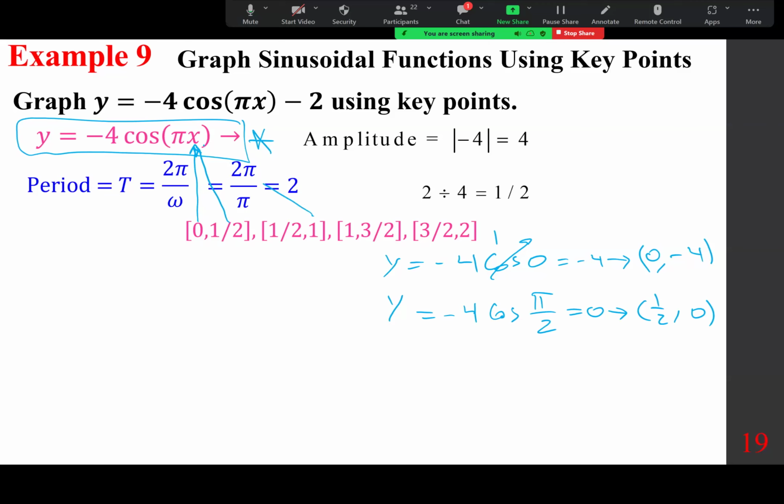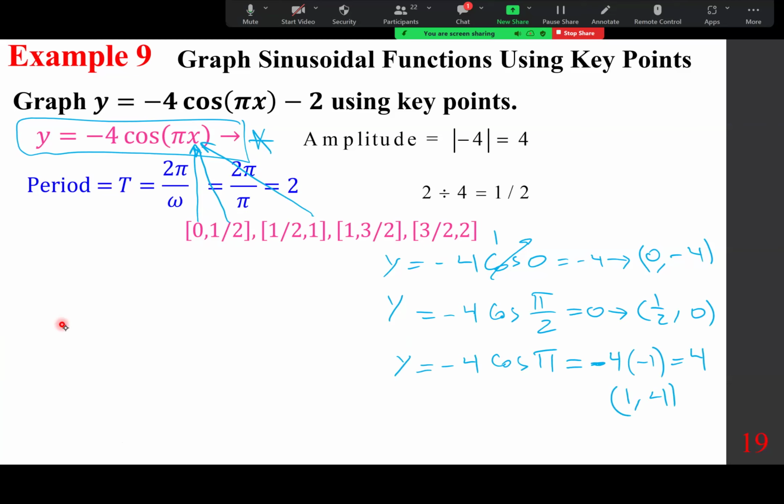Let's do 1. y equals -4 cosine of pi times 1, which makes it pi. You know cosine of pi is -1, gives me +4. So the coordinates are 1, 4.